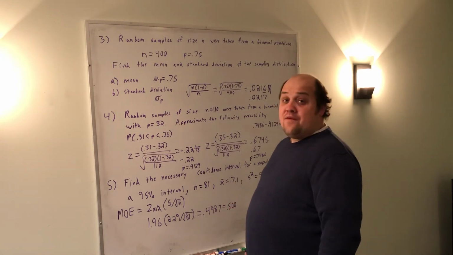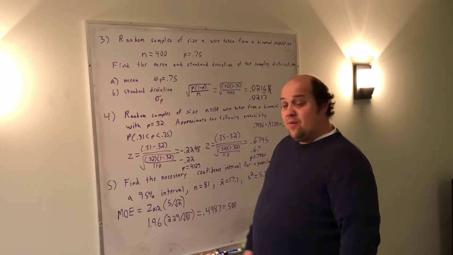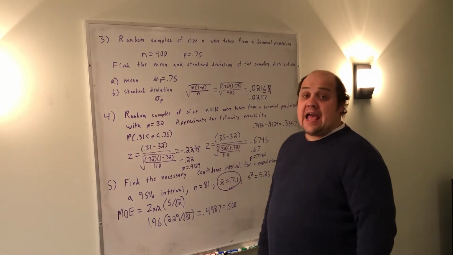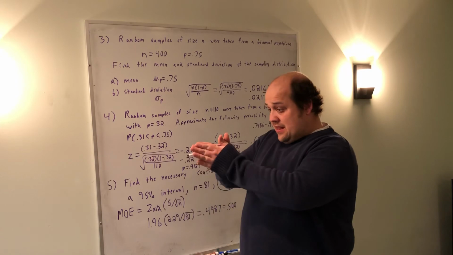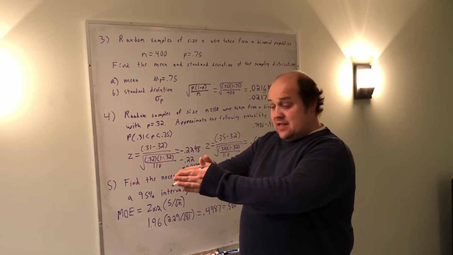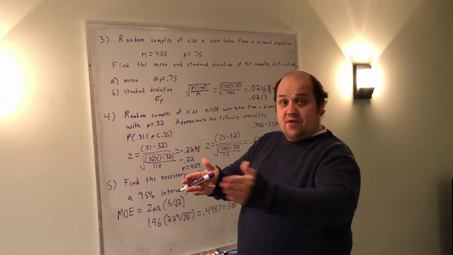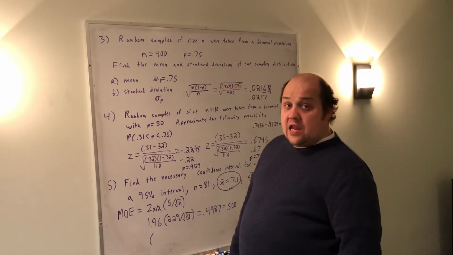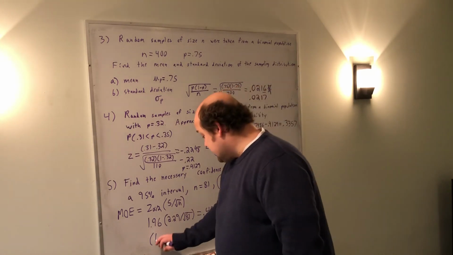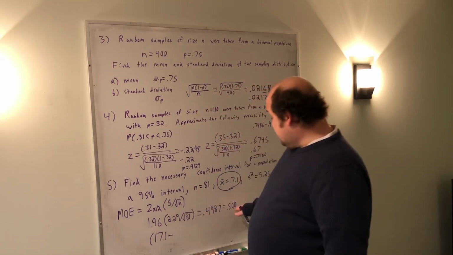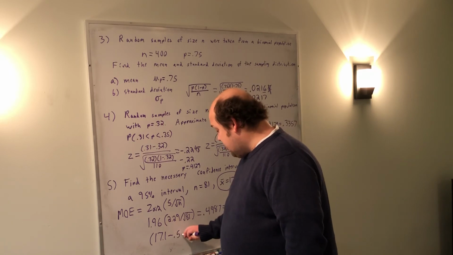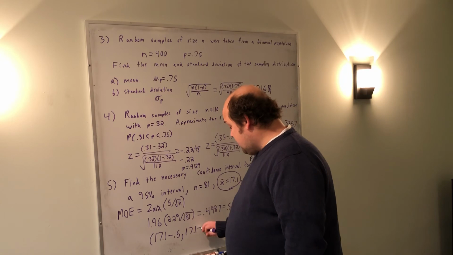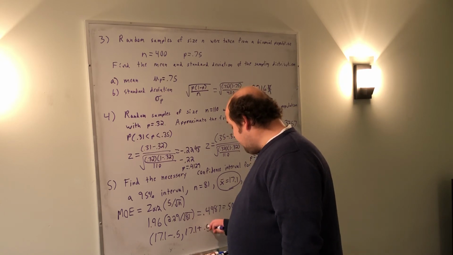I've now found how far I want to move in each direction. What I need is a starting point. X bar is the mean that we begin at. That's my best guess for the middle of the region. Then I'm going to move margin of error either way from that. What's going to end up happening then is I'm going to have an interval that starts at my X bar, in this case 17.1, minus my calculated margin of error 0.5, and then goes to my X bar 17.1 plus my margin of error 0.5.